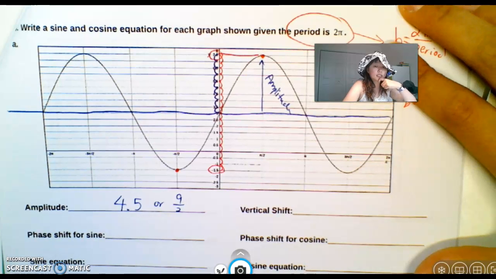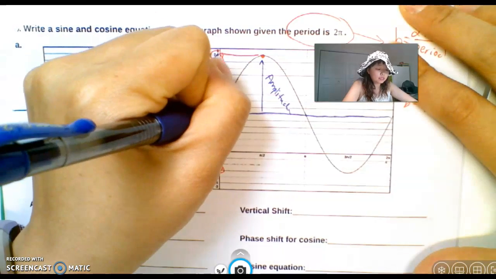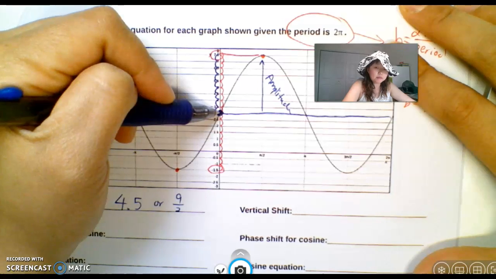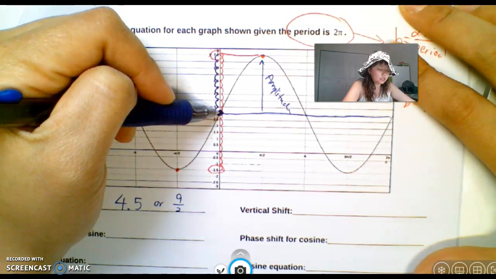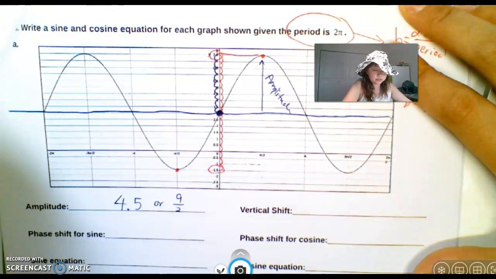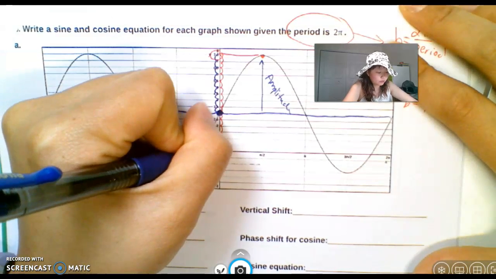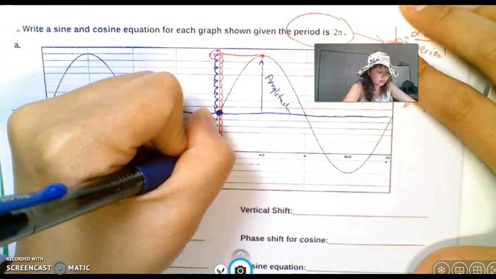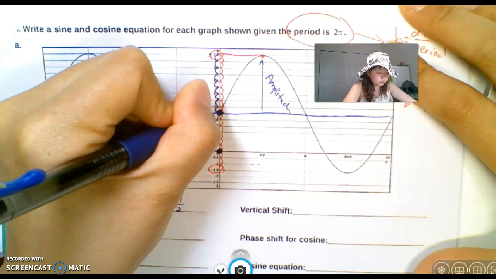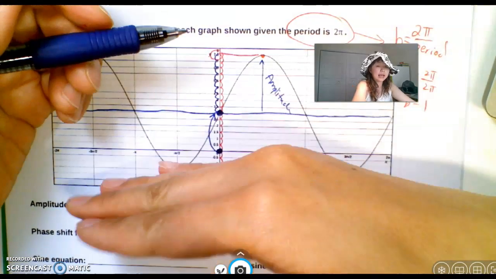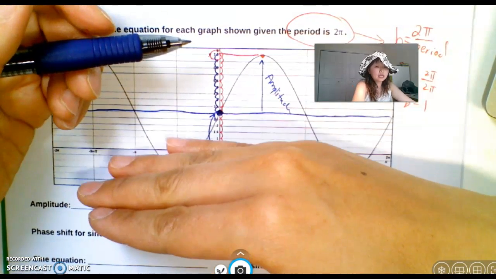Now, vertical shift. Vertical shift is all about how much the graph went up or down from the origin, from the x-axis.